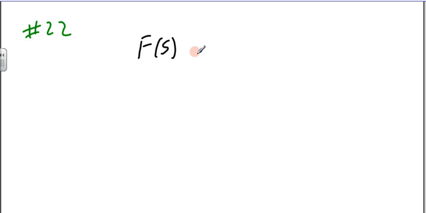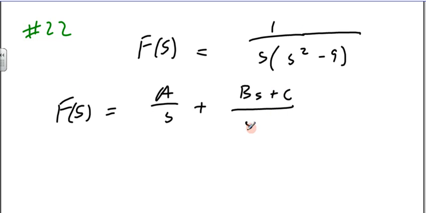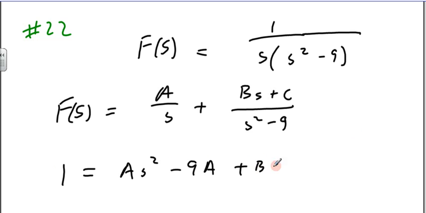F of s is 1 over s squared minus 9. Okay, so we'll do a partial fraction and say f of s is going to be a over s plus bs plus c over s squared minus 9. From that I can get that 1 has to be a s squared minus 9a plus bs squared plus cs.